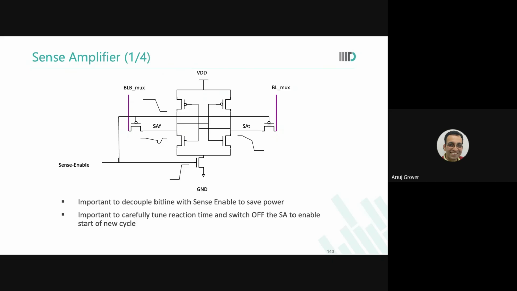Now, sense amplifier offset हमने बात करा. The time it takes for a sense amplifier to arrive at a 0 and 1 output is termed as the reaction time of the sense amplifier. Okay? And you do not measure reaction time at SAT and SAF. After the sense amplifier, you also have a latch.